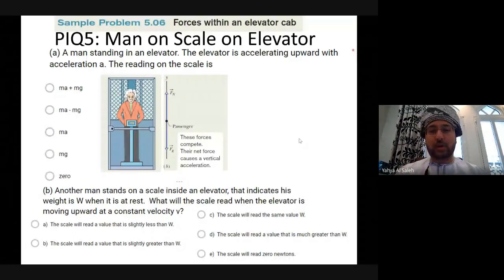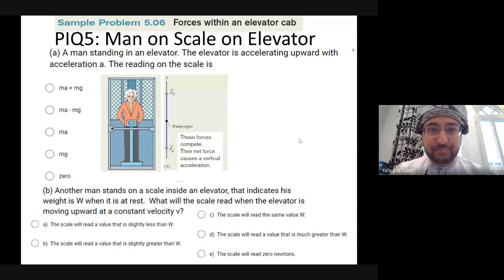What I did was, okay, so to start from scratch, if you haven't been paying attention so far, please start paying attention now. The mistake I did was I chose to look at the forces on the lift, not on the person, which gave me the wrong directions, which gave me the wrong final answer.